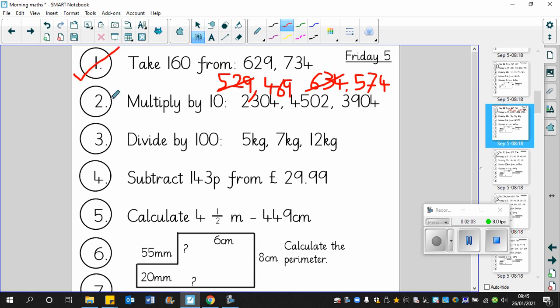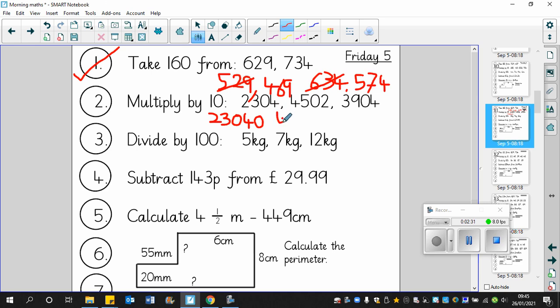Question number 2, multiply by 10. Remember, the digits remain the same. They connect to the same digits. So in other words, the 2 connects to the 3 and the 3 connects to the 0, which connects to the 4. But every digit moves to the left. When you're multiplying by 10, everything moves to the left. Everything gets bigger. So 23,040.